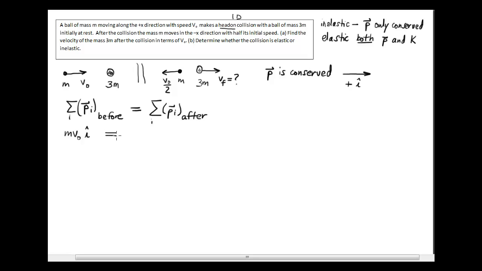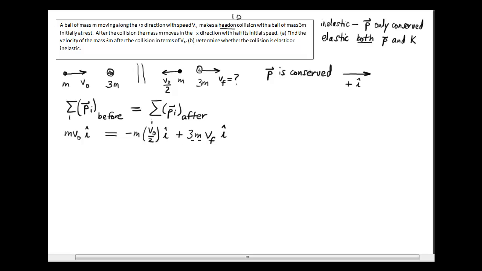So afterwards, then, now we've got two objects moving, and the object with mass m is moving in the negative i hat direction, so its momentum is minus m v0 over 2 i hat. And I could have put the minus with the i hat, but it doesn't matter. And then, according to my picture, and I assume this is true, the mass 3m should have a momentum of 3m times vf in the positive i hat direction.